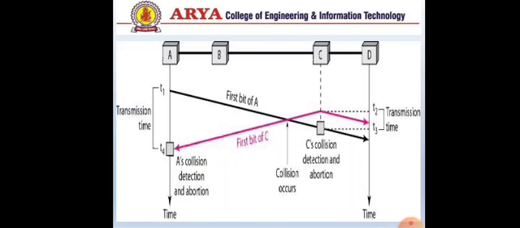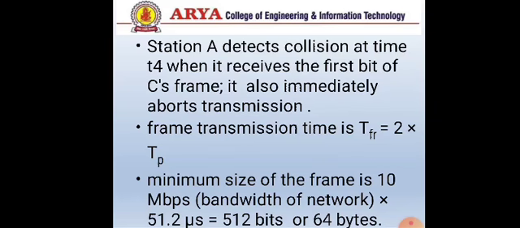C immediately aborts its transmission. Station A detects the collision at time t4, when it receives the first bit of C's frame, and it also immediately aborts its transmission. The transmission time Tfr is equal to 2 × Tp, and the maximum size of the frame is for 10 Mbps. I hope you understand this very well, and we will continue in our next lecture. Thank you so much.